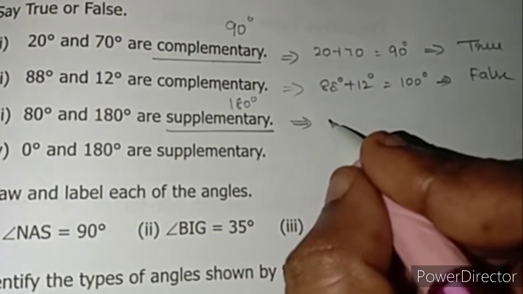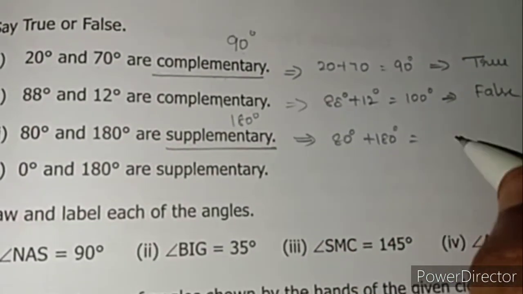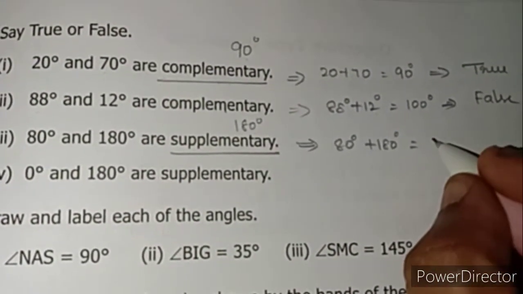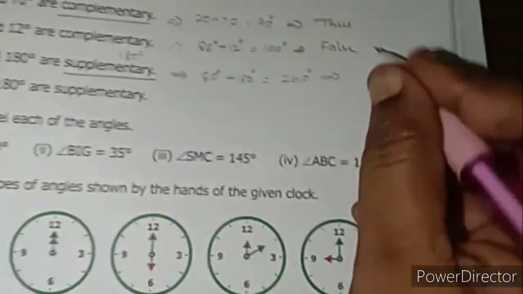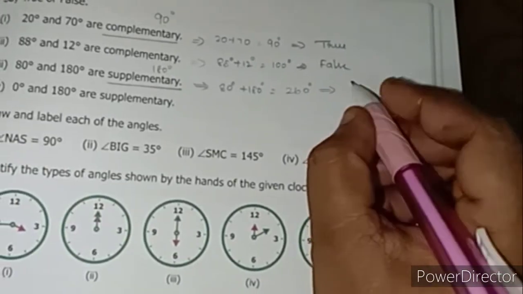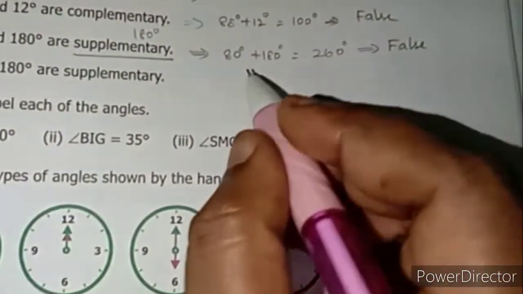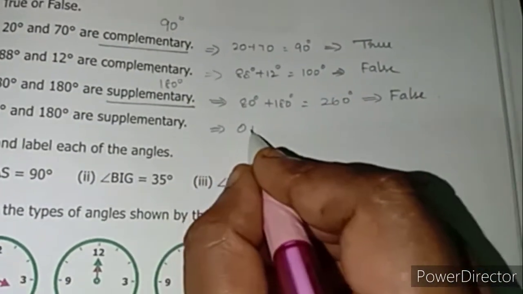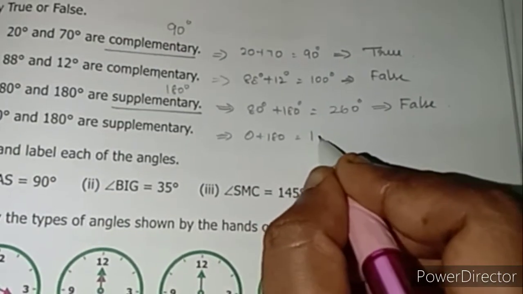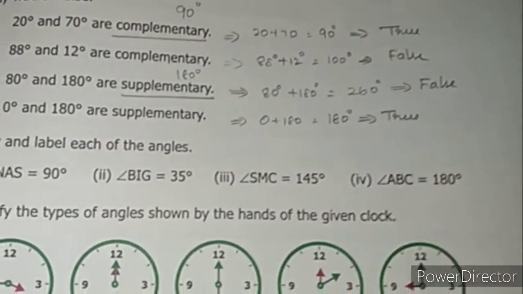See the next one. 80 degree plus 180 is 260 degree. It is not supplementary. It is false. See the next one. 0 plus 180 is 180 degree. It is true.